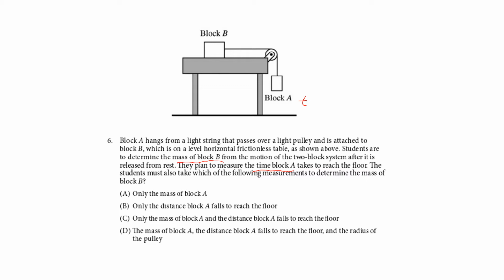Okay, well, if we know how long it takes, let's think about it. If we wanted to figure this out, we'd figure out the acceleration, right? Well, if you want to figure out the acceleration, it's starting from rest, so you don't need to worry about that.